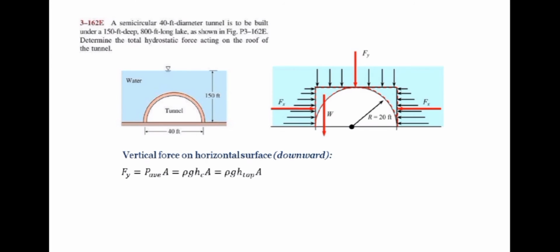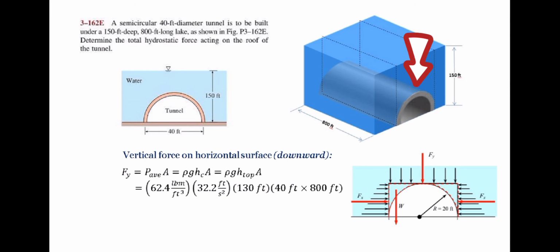Now, let's plug in the values. Same as what we did with the Fx, just substitute the values of ρ and g times the volume of water above the liquid block, which is 130 feet times 40 feet times 800 feet.